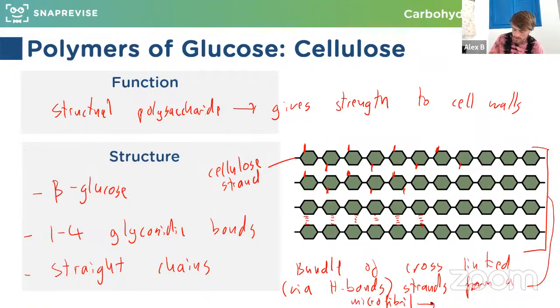And this is what plants use to build cell walls. Well, I guess I should specify plant cell walls because there are other types of cell wall. Like bacteria use, you can use either word, murein or peptidoglycan. And fungi use chitin. So yeah, but plants use this molecule, cellulose.